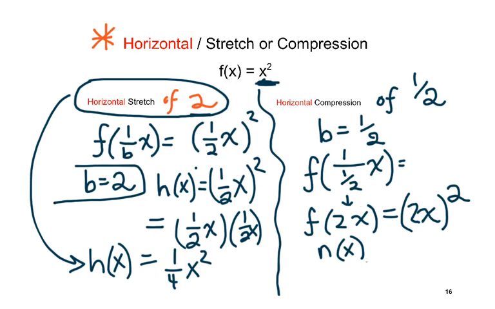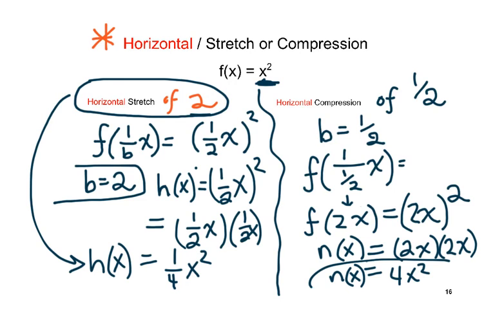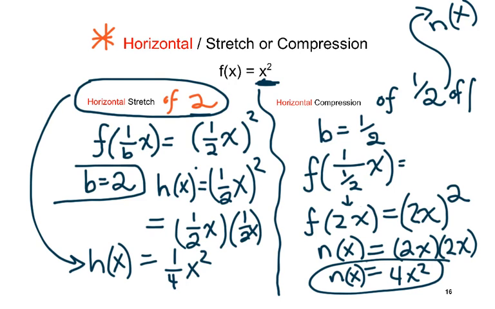Okay, so n of x is going to be f of 2x, and that's going to equal 2x times 2x, which is equal to 4x squared. So that's our new function. This is n of x, the horizontal compression of 1/2 of f of x.